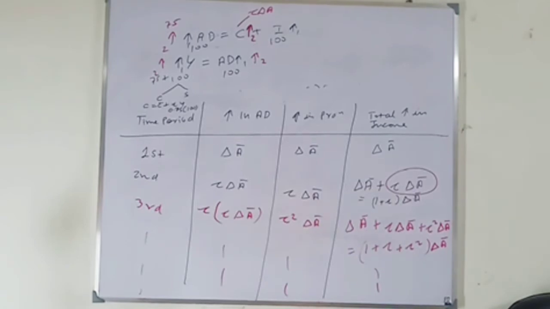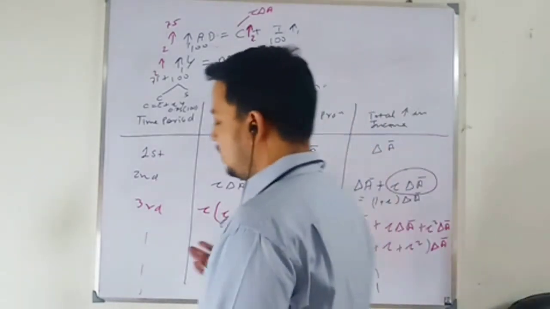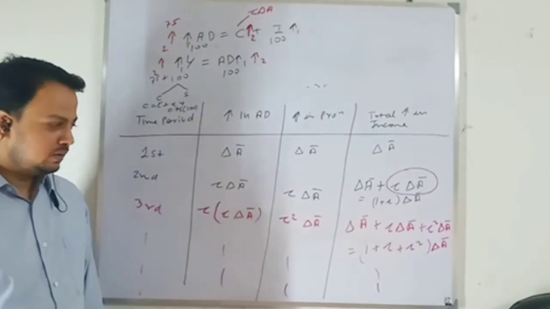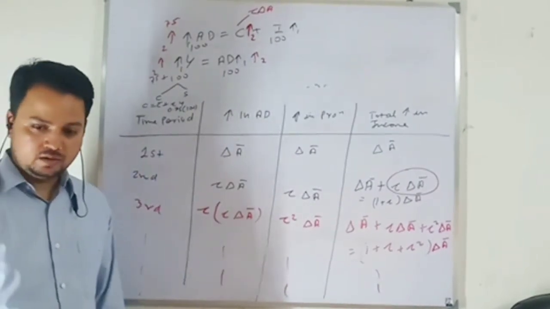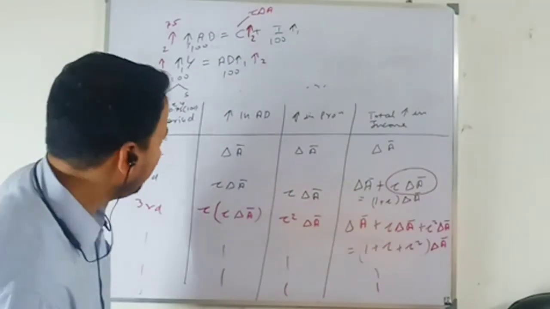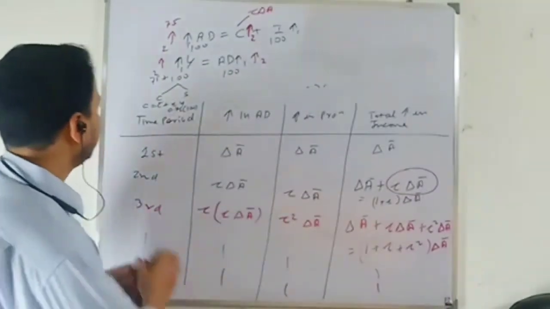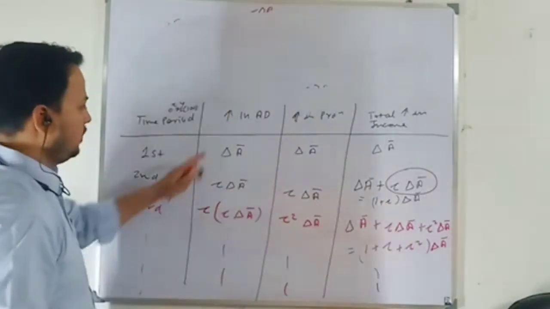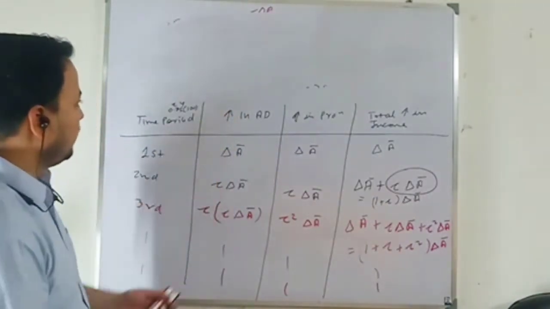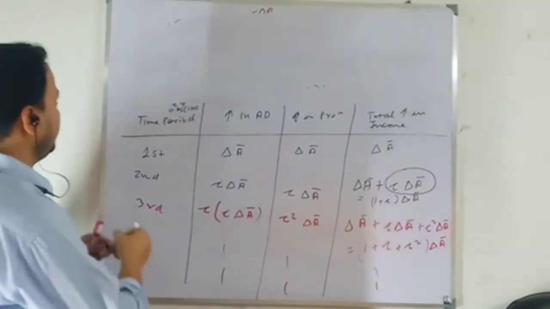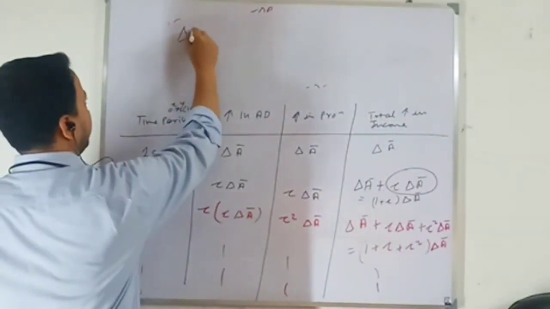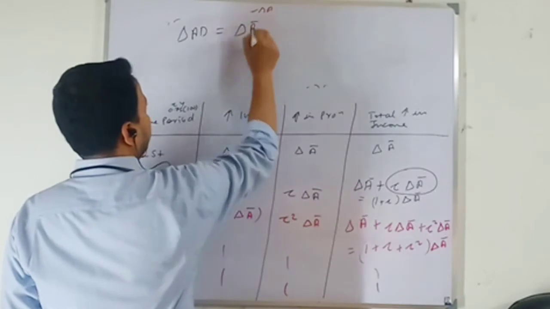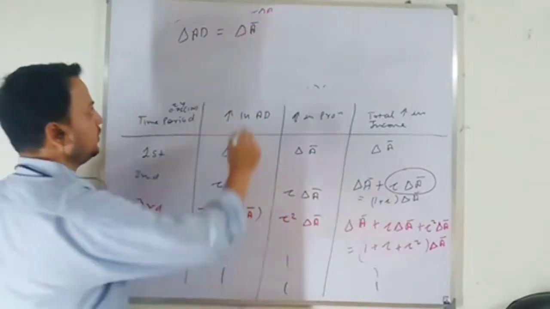What I have written here represents an infinite geometric series, and we have a formula to find its value. Let's look at the increase in aggregate demand. The change in aggregate demand will be, in the first round, the increase in your investment expenditure.